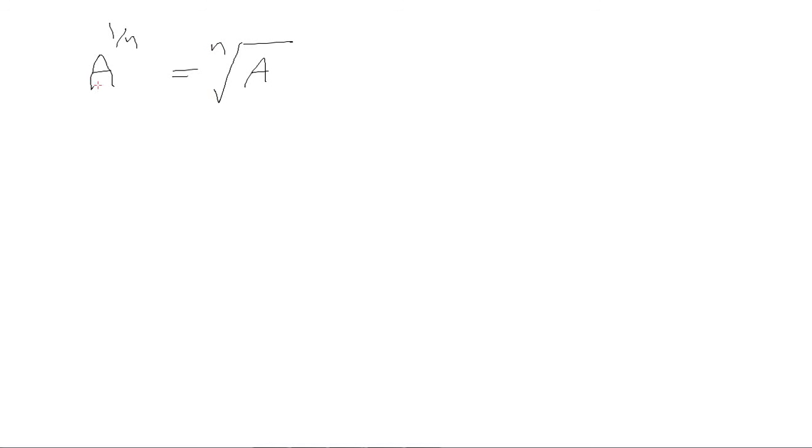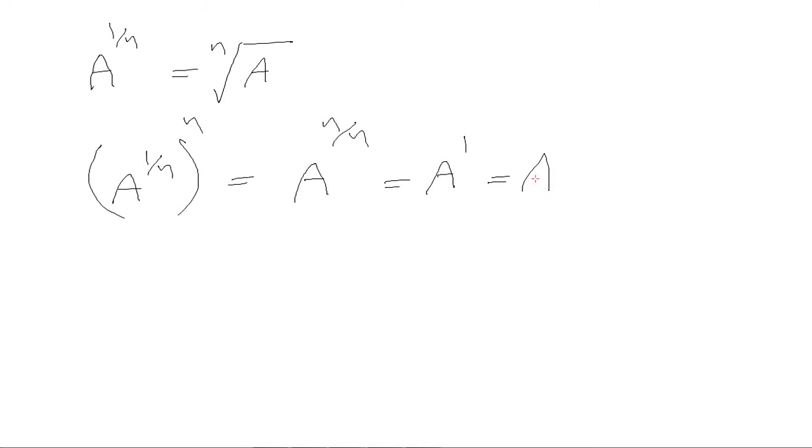Obviously, a to the power of 1 over n is the nth root of a, because if we have a to the power of 1 over n and we raise that to the power of n, what we get is a to the power of n over n. We have to multiply these two, which equals a to the power of 1, which equals a.